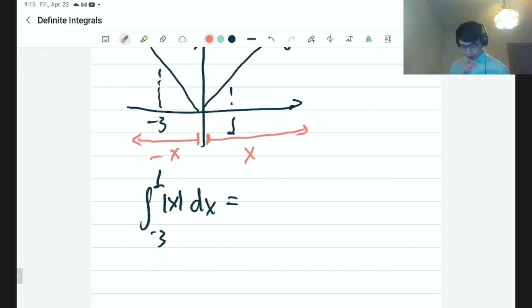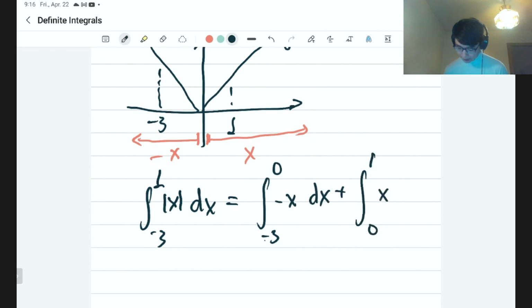All right, so in order to solve this, we're going to break it down again. We kind of walked through this problem in the last video, but again, for this one, I cannot write x anymore, but I have to write negative x, and plus the integral from 0 to 1 of x dx.